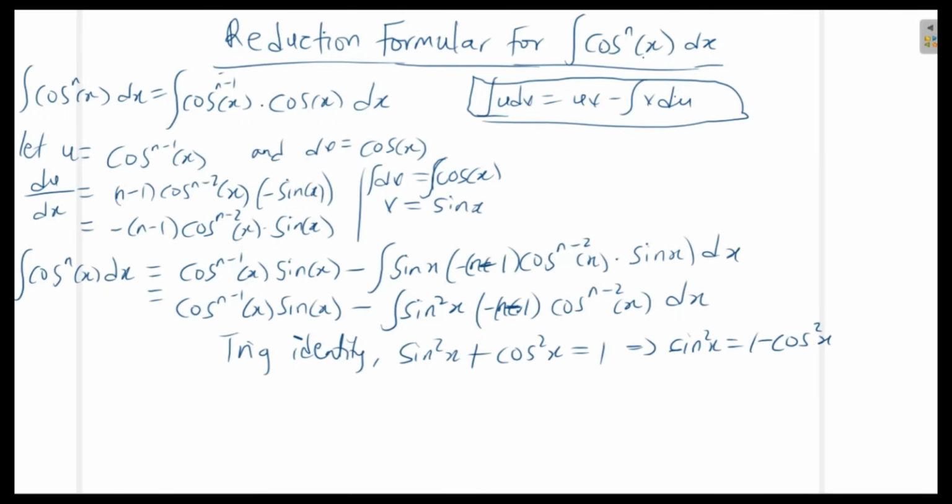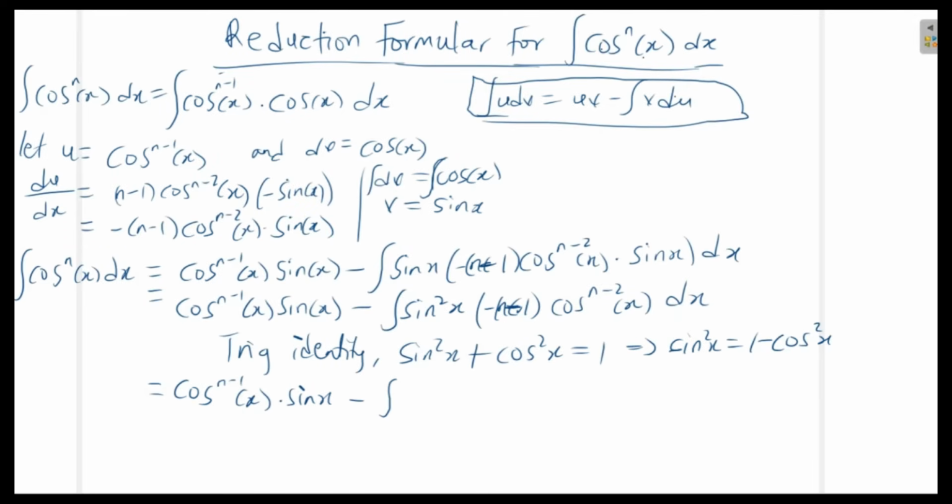So in place of sine squared x here, I'm going to substitute 1 minus cos squared x. Finally, I'll have cos to the power n minus 1 of x multiplying sine x minus this one. In fact, let me pull minus n minus 1 out, because it's just a constant.